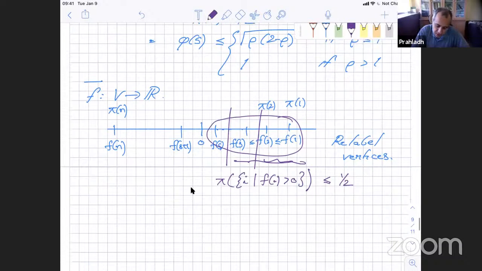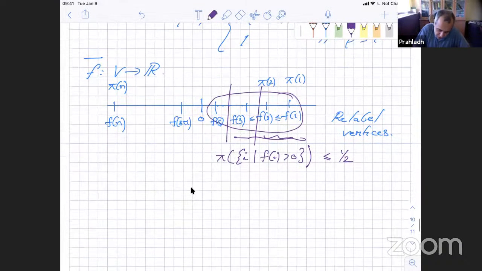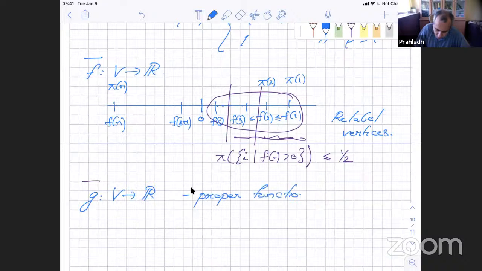So what I'm first going to do, it is in some sense arbitrary, but we're going to define a function. I'll call the function g going from V to R a proper function if the following two are satisfied. G of i is greater than or equal to 0 for all i in vertices.